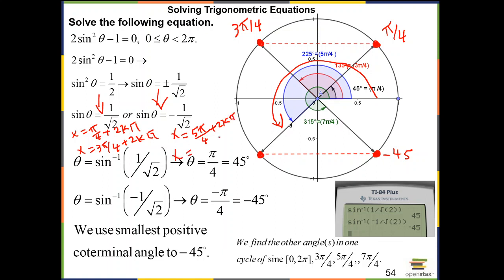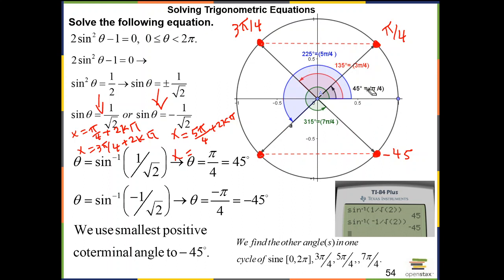And then, what about this angle itself, which the calculator says is negative 45, of course is correct, but we are interested in a positive angle that has the same terminal side. That positive angle is 2 pi minus pi over 4, because we know this is pi over 4 here. Pi is 8 pi over 4, minus pi over 4 is 7 pi over 4.